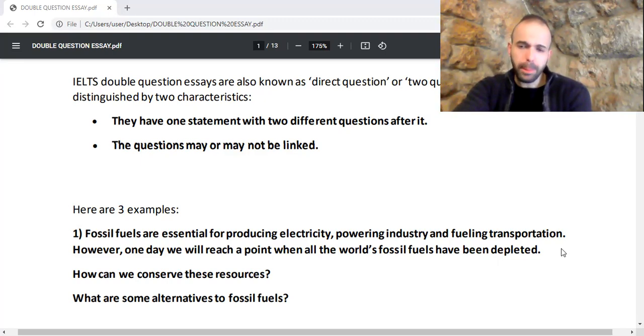So the depleted comes from the word deplete and the noun depletion, which means consumption or full consumption. So when something runs out, it means it's getting depleted, or it's been depleted. So how can we conserve these resources, and what are some alternatives to fossil fuels?